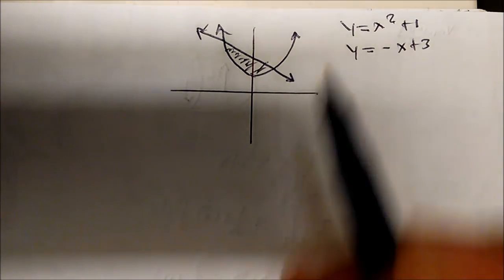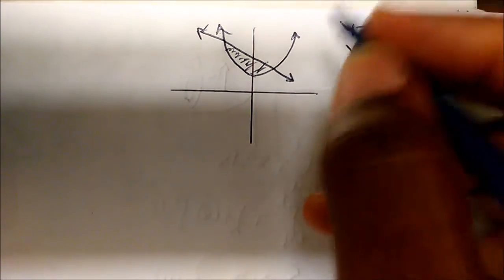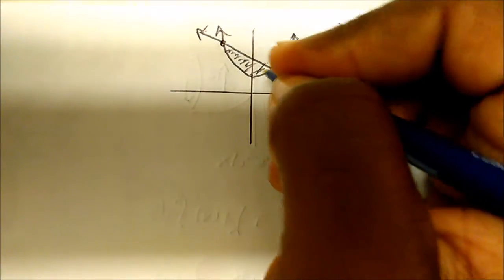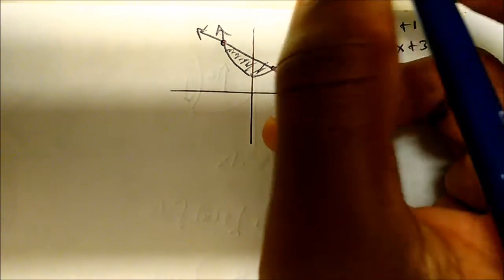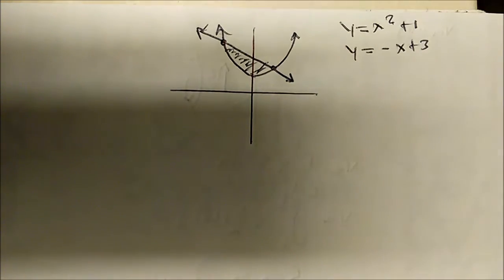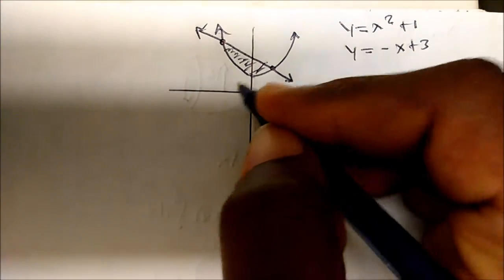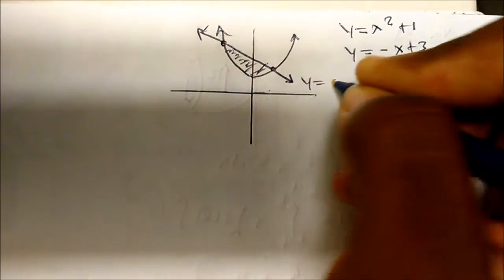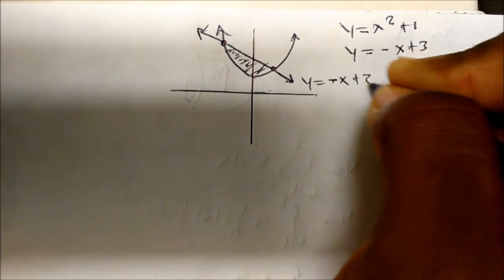Now, if we're integrating this with respect to x, if I'm going from this point to this point, well, if I'm walking, what's my upper function? It's y is equal to negative x plus 3.